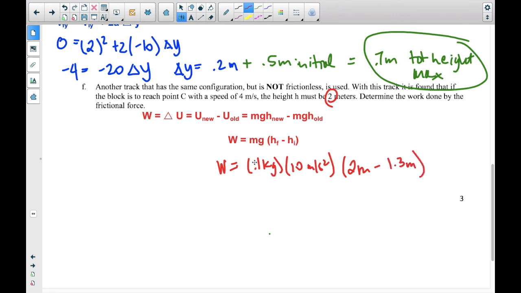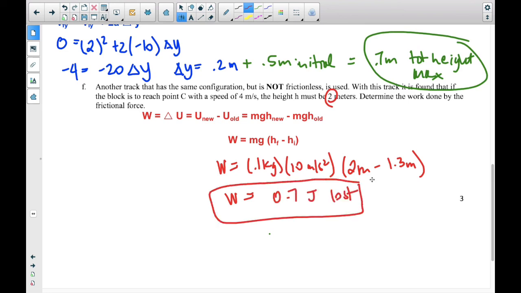I can do this math in my head, or my calculator, because that comes out to be 1.2 minus 0.3, which is 0.7. And that is energy that was lost in the system. So with our LOL chart, we would say that we lost 0.7 joules. And so sometimes we call that negative because it was lost. But if we just write in the word lost, that's pretty good too.